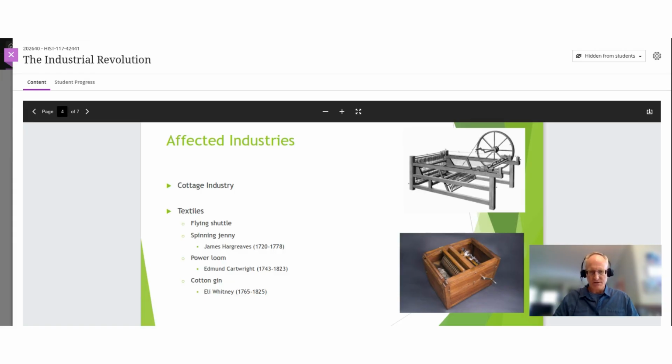Additionally, the coal and the iron ore necessary to fuel the machines if necessary. Doing this and having everything under one roof, as it were, allowed for the maximizing of production and efficiency.